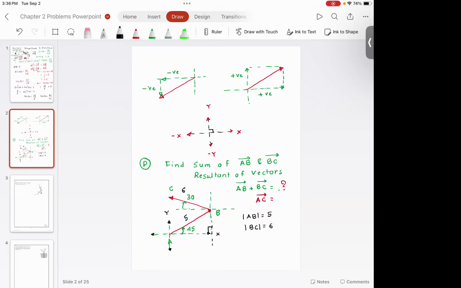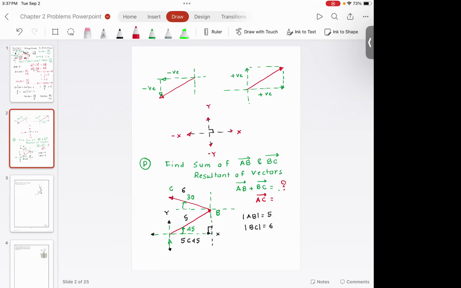This is a right angle triangle. So if I want to find out AX, that would be, correct, this would be 5 cosine 45. Now here is the important question.